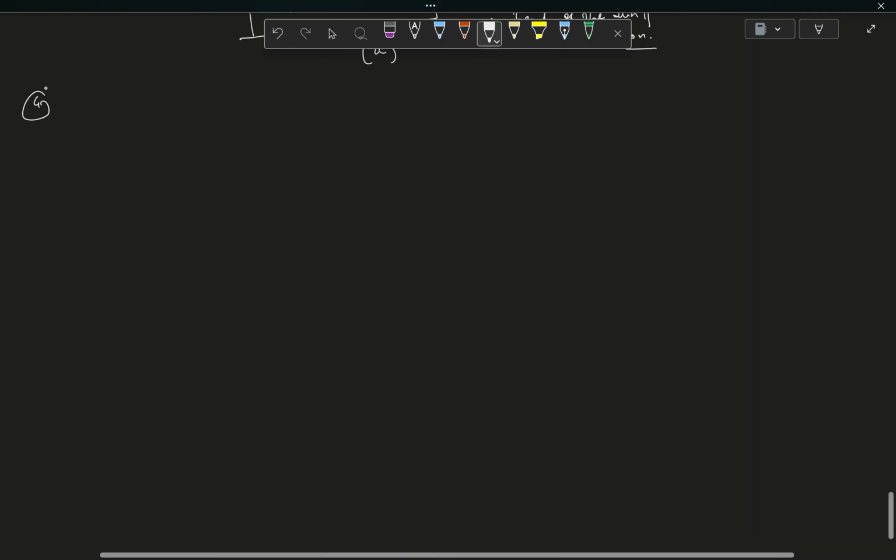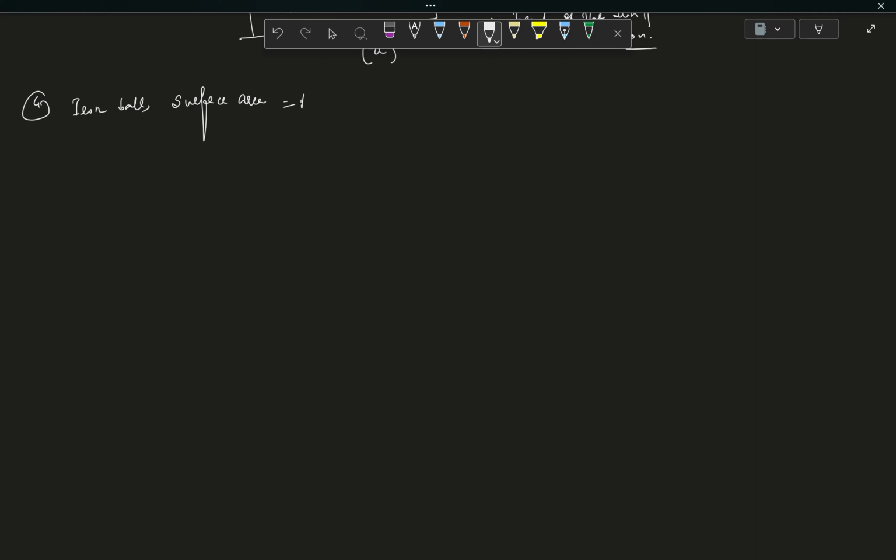Question number 4, and it is about an iron ball. Surface area: converting into meter, 10 to the power minus 2 meter is equal to 1 centimeter, but it is squared, so this is 10 to the power of minus 4 meter square.